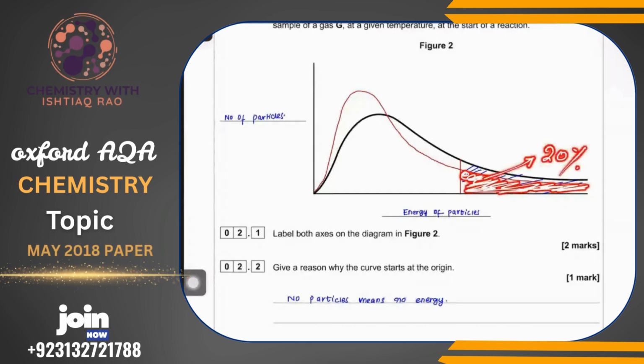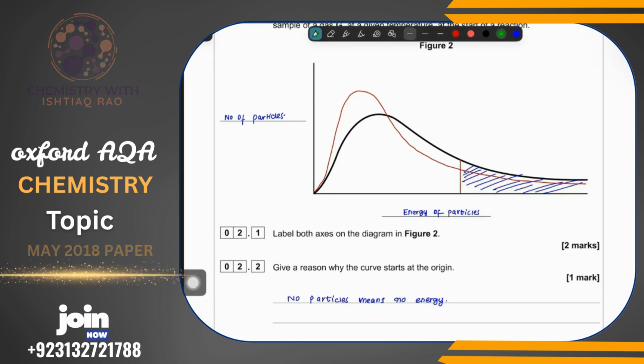Now we have 20% particles whose energy is greater than the activation energy. So only this is going to change. When the number of particles whose energy is greater than the activation energy decreases, it means that the rate of reaction will decrease. Are you getting my point? Yeah, got it.